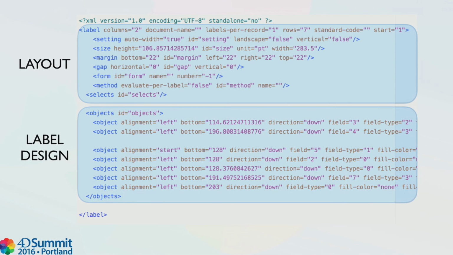And then I have the label design. As you can see, I have a collection of objects, and inside it I have object, object, object, object, with different properties. The thing is that now you can create your own labels completely off the screen using the existing XML commands of 4D.